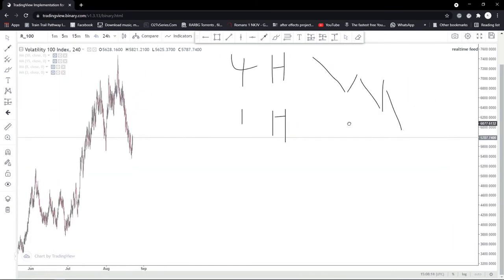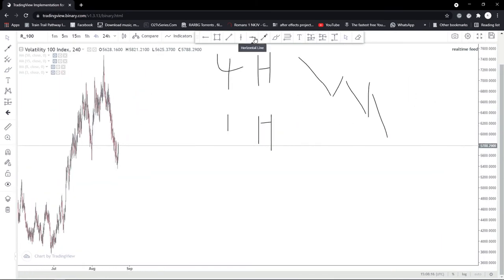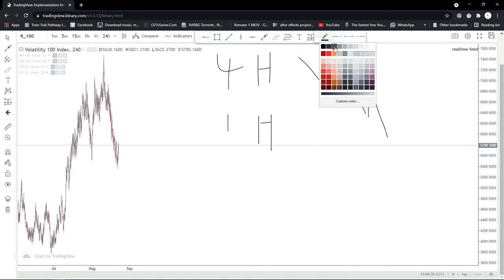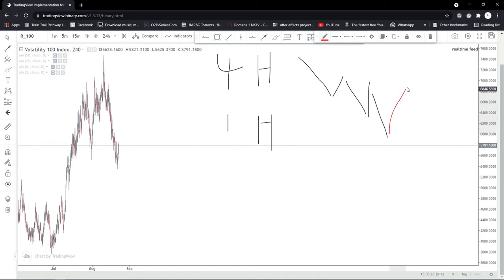I hope you did get me when I said there's a reset there. Don't forget, guys, level, pullback, level, pullback, level, and then there's going to be something like a reset. I'll change the color for reset. This is the reset, and then again back to square one.